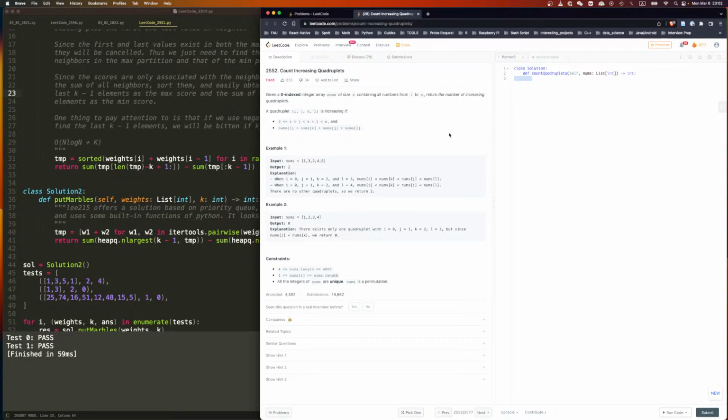I think it is a monotonic array. So we do the monotonic array. Then after we do the monotonic array, for each adjacent pair, we can find how many are in between. That is a given, right? We will know how many are in between. Okay, so we know how many are in between.